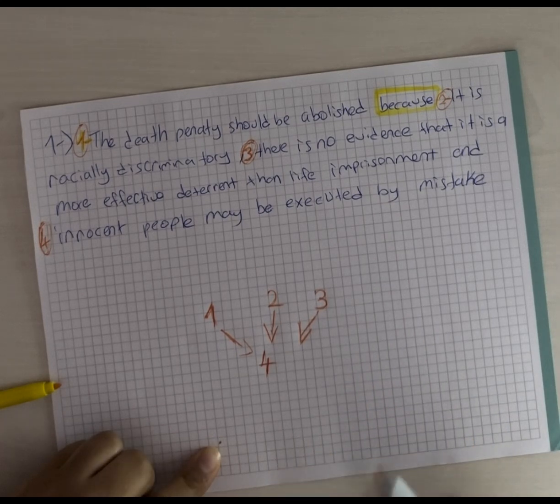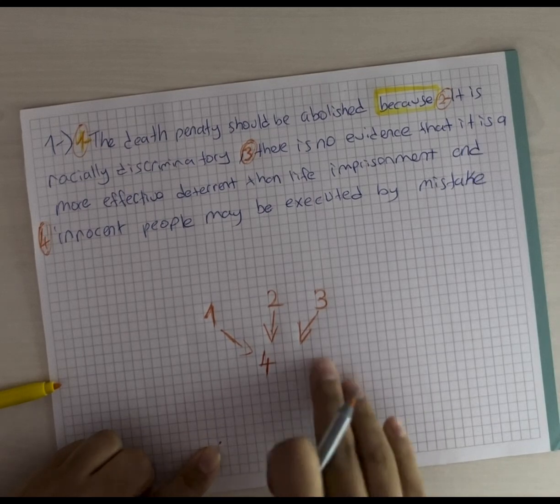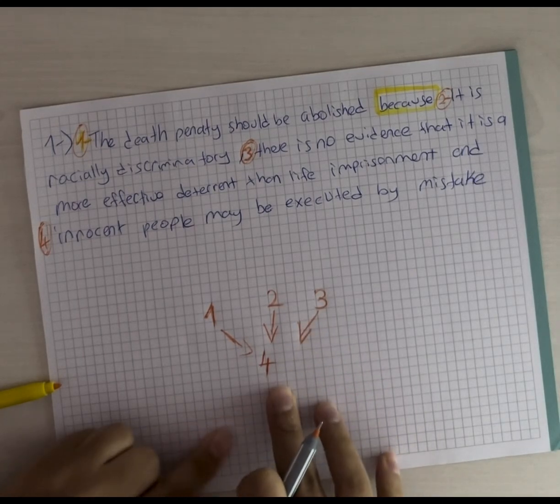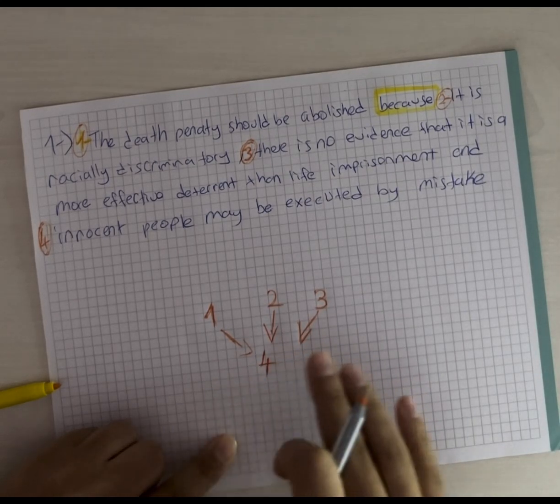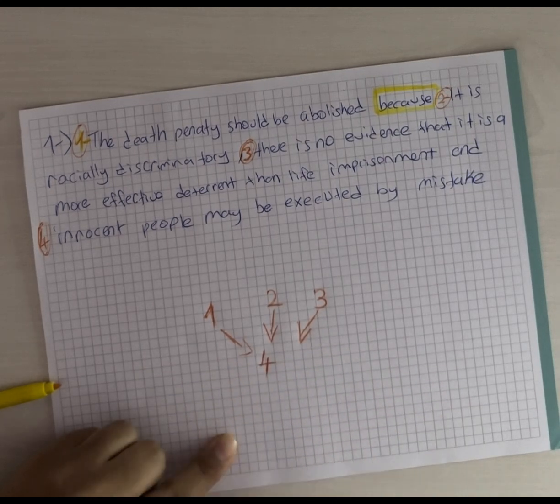We can represent this independent support by drawing arrows from each premise to the conclusion, because these are independent sentences. So we need to show this separately.